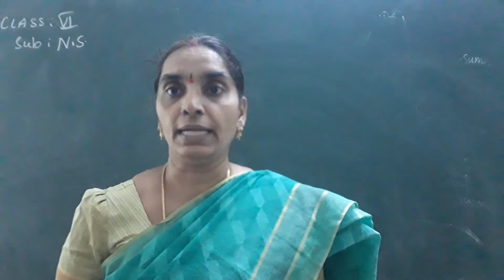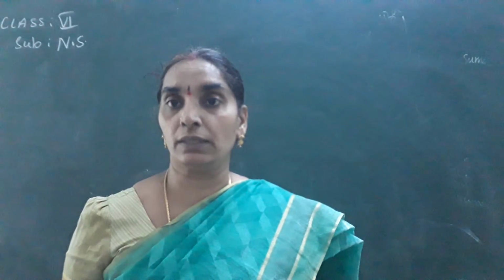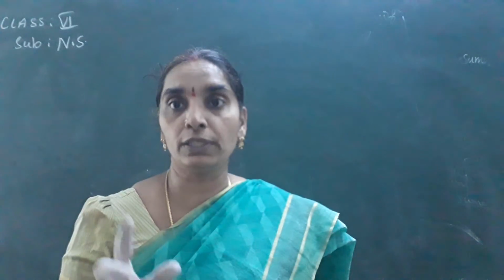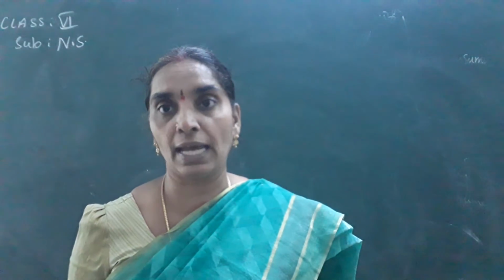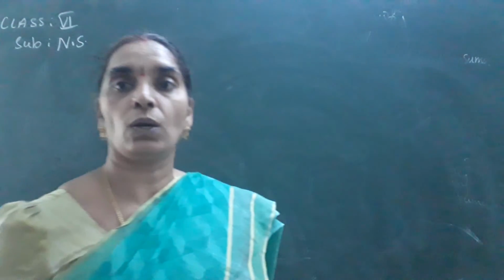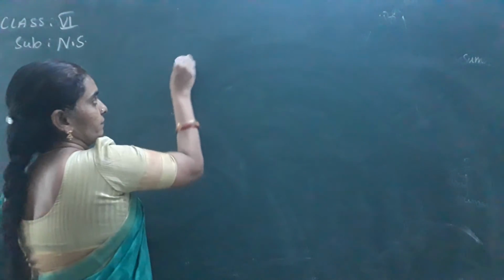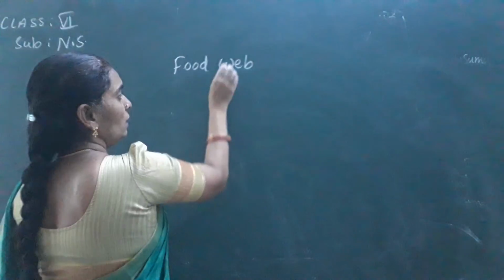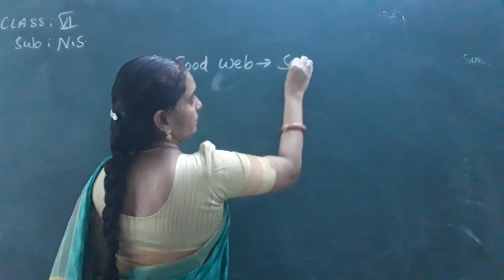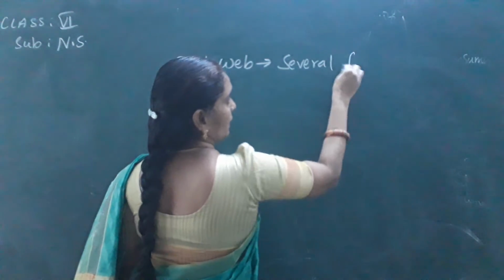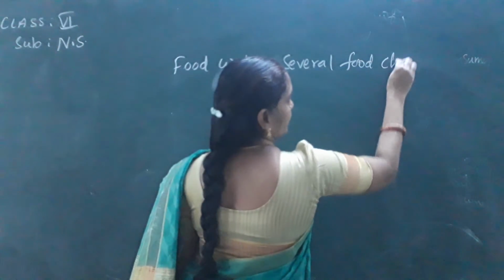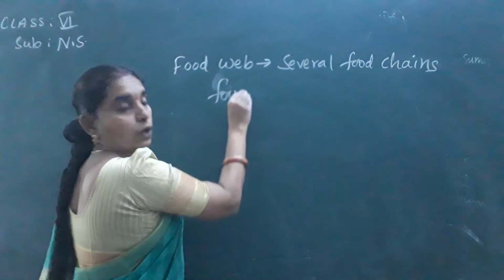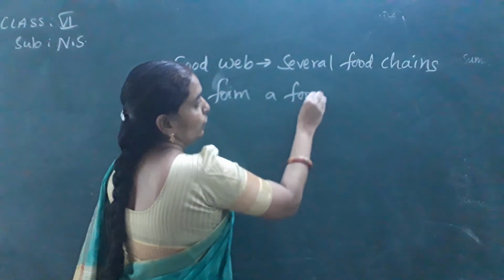Several animals depend upon a single animal for food, or a single animal depends upon several animals for its food. That is called a food web. Food web means several food chains form a food web.